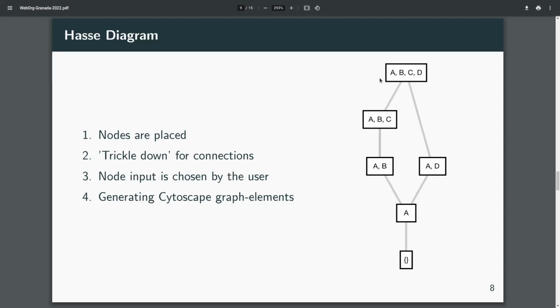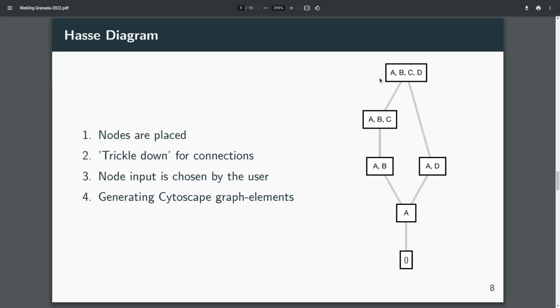We first start by placing all the nodes in their hierarchical order. Each one of these levels is one hierarchical order of set. So there's all the sets with 1 species in it, all the sets with 2 species, with 3 and with 4.